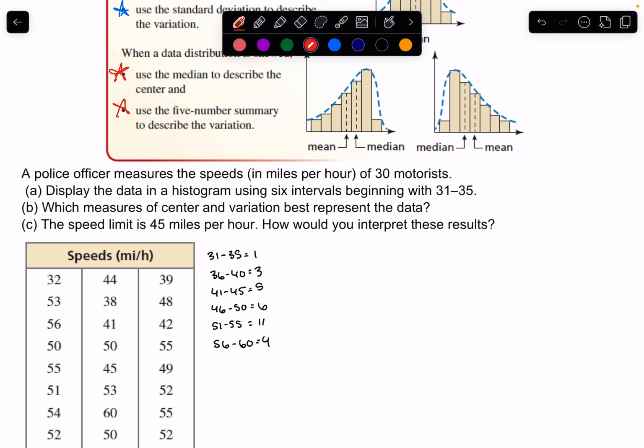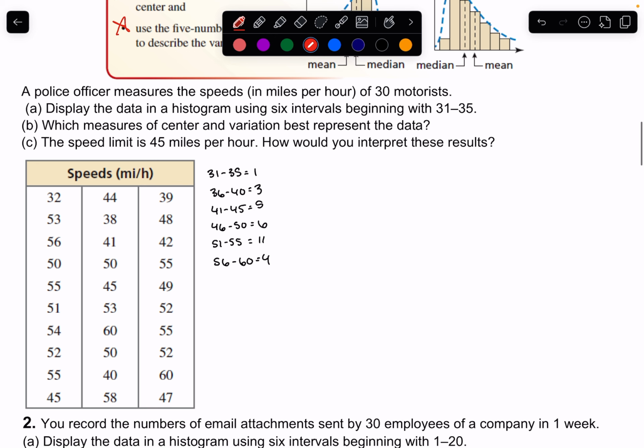So first of all, we got to draw the histograms. Now, I already went through and put these into categories so you didn't have to sit and listen to me do it over the video. I maybe should have just drawn these histograms already. But this first one, this histogram is measuring a police officer that's radaring people speeding.